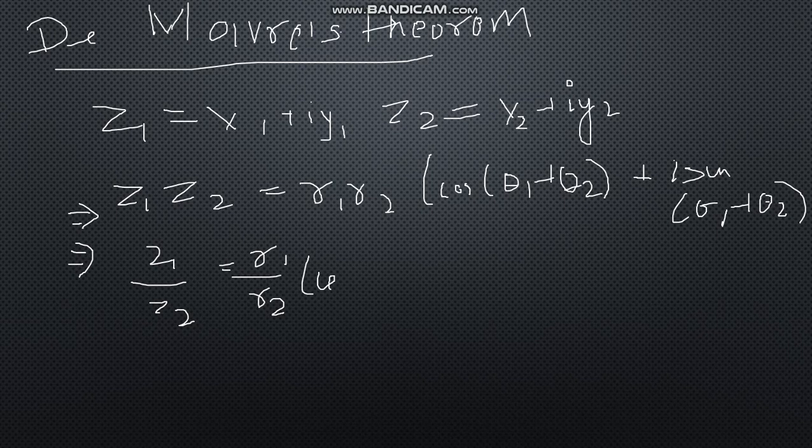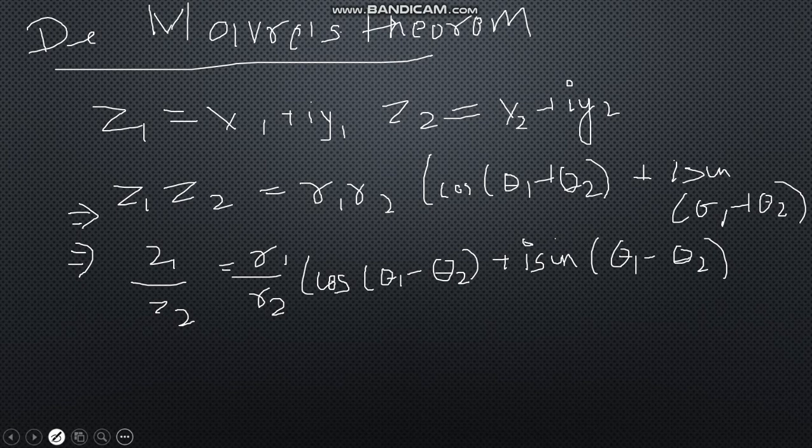If we multiply both equations, it becomes z1 z2 is equal to r1 r2 (cos (theta 1 plus theta 2) plus iota sin (theta 1 plus theta 2)). So this is the equation when we multiply z1 and z2.